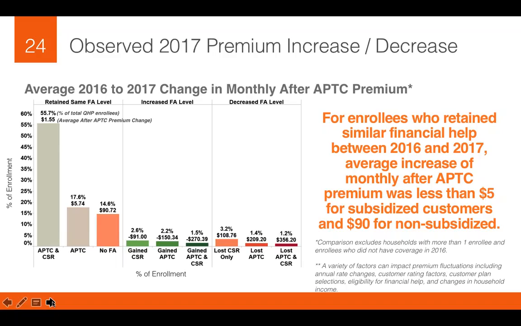Those folks experienced by far the largest increase, while folks who were gaining financial assistance saw the swing go the other way. Their monthly premiums decreased between 2016 and 2017. So some interesting findings there. What it does is help us understand, from a customer perspective, who's most at risk of financial risk from premium swings, as well as the proportion of our population experiencing some of these changes from a pricing perspective.